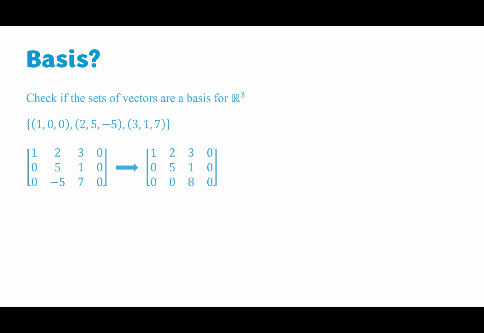That's the easy one, and the trivial solution is the only solution. So the only solution is when C1, C2, and C3 are equal to 0. Those scalar multiples are 0. So this is a basis for R3, right? They're linearly independent, and we know 3 linearly independent vectors will span all 3D space.